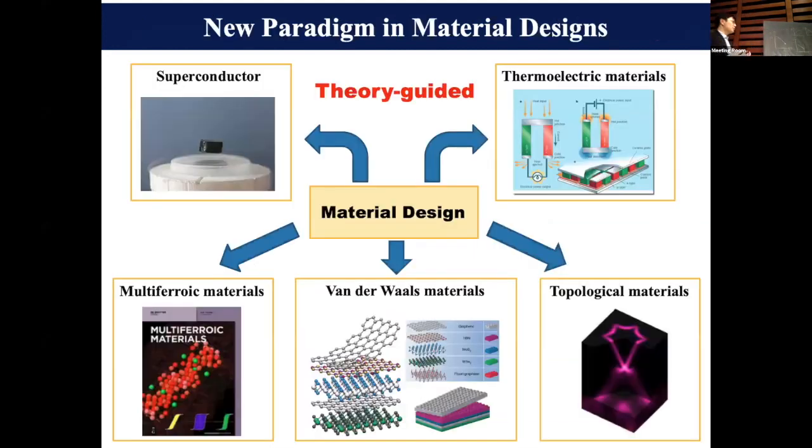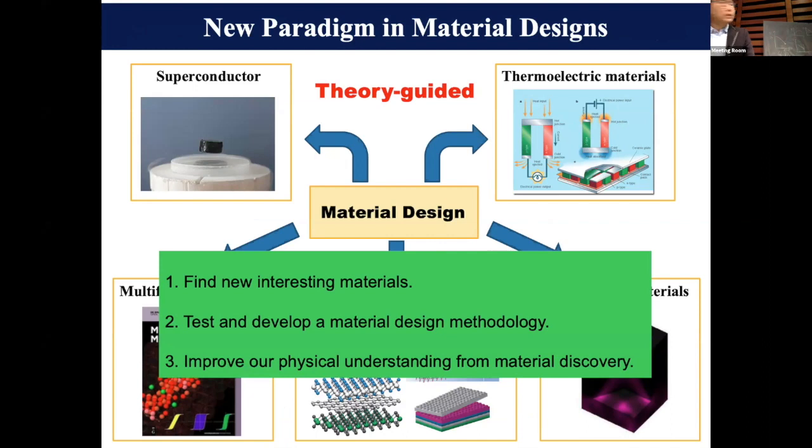However, a new paradigm is realized in material design. Material design not only explains the experimental data, but also predicts new interesting materials. It helps to find new interesting materials, and to test and develop material design methodology. And it can finally improve our physical understanding from material discovery.